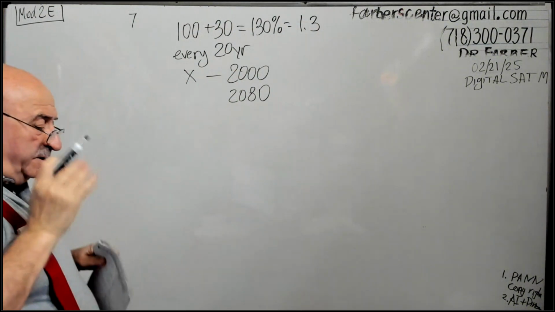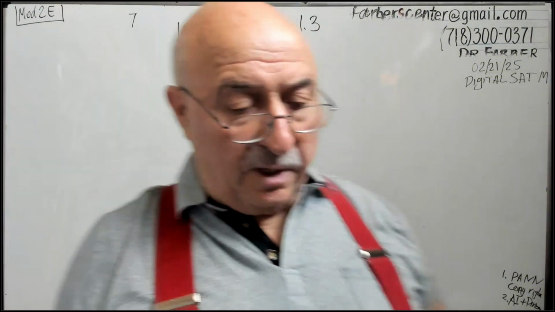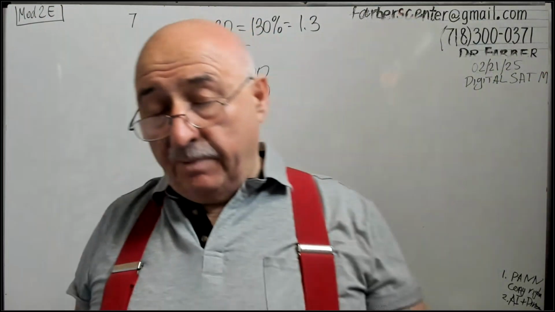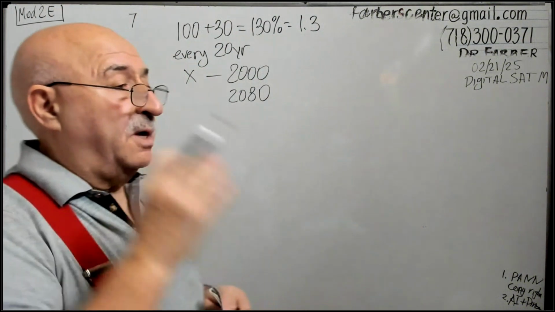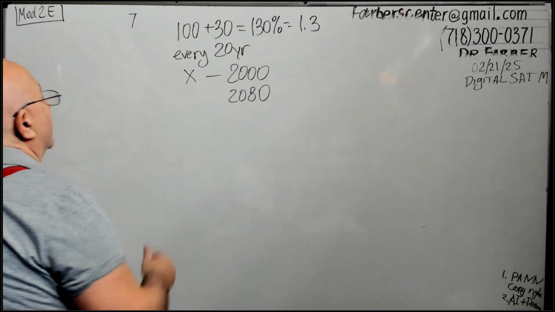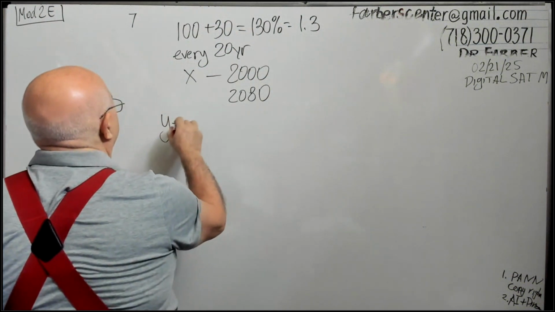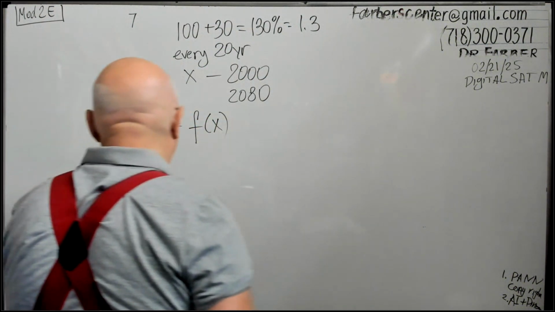Increase every, it's a signal that we have an exponential function. It's kind of like a geometric sequence. You can make an analogy with this. Because every time you multiply by 1.3, you can write y, which is f of x, if they don't specify, right?